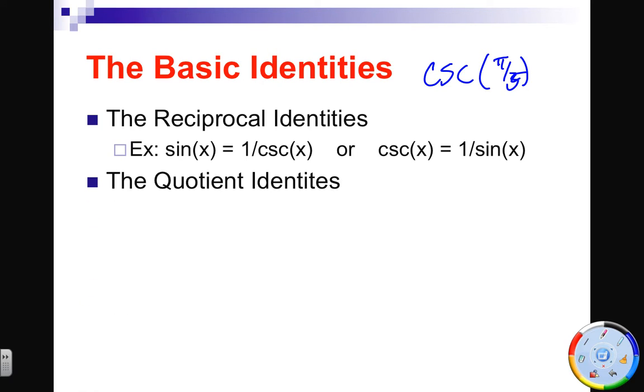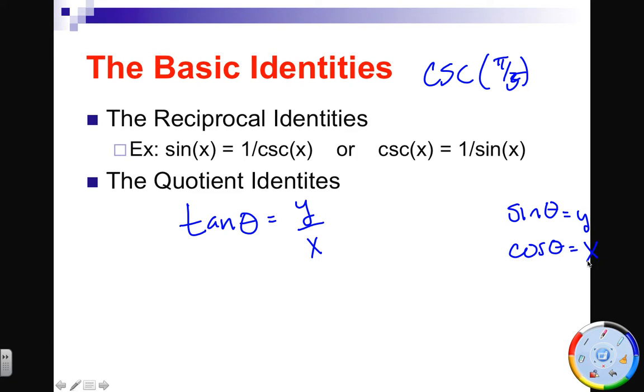The quotient identities might be familiar to you already. I'm going to show the proof of this before I even show you the identity, because we know that tangent theta on our unit circle is y over x. We also know from our unit circle that sine of theta is equal to y, and cosine of theta is equal to x.